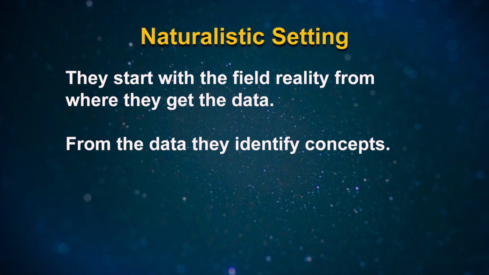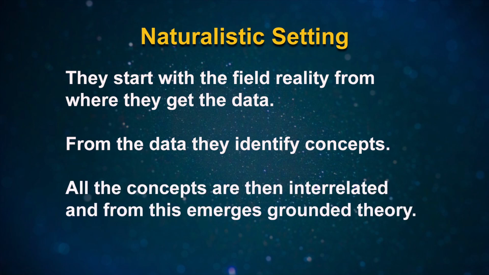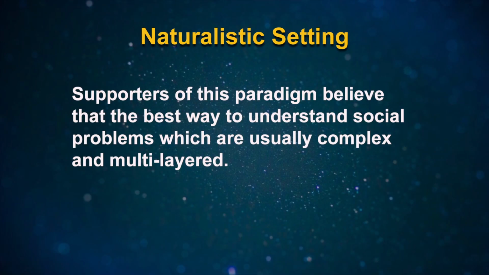From the data, they identify concepts, and all the concepts are then interrelated, and from this emerges grounded theory. This appears to be a more meaningful way of looking at life events of individuals. Supporters of this paradigm believe that social problems, which are usually complex and multi-layered, can be best studied in qualitative research method.